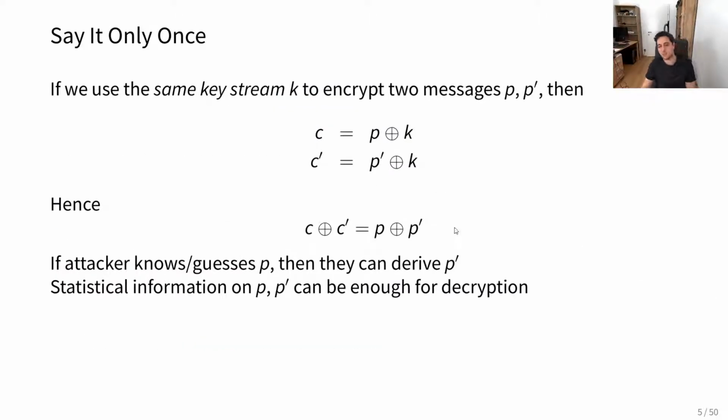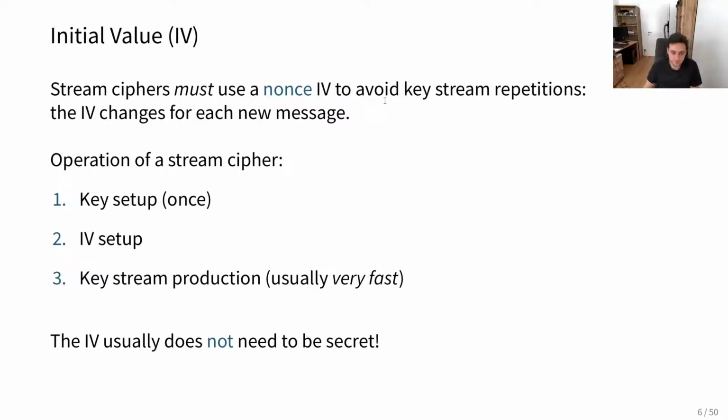If you remember, this is also done in many block cipher modes, so it's essentially the same idea. And it's not a problem for transporting something secret, because the IV usually does not need to be secret. So this is the advantage.